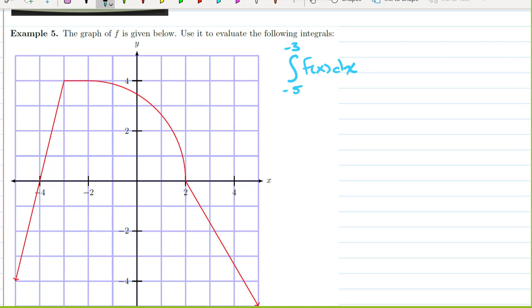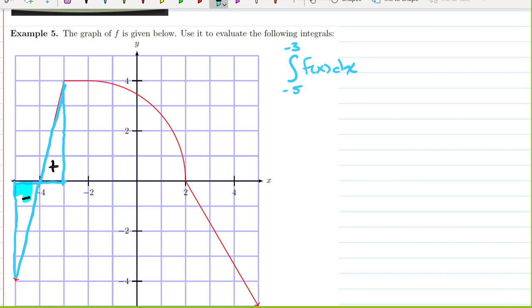So that means we want to go from -5 to -3, and we want the area underneath the curve. Well, that's going to consist of these two regions, but this first triangle is below the x-axis and the second triangle is above the x-axis.